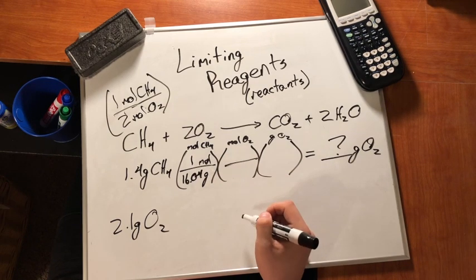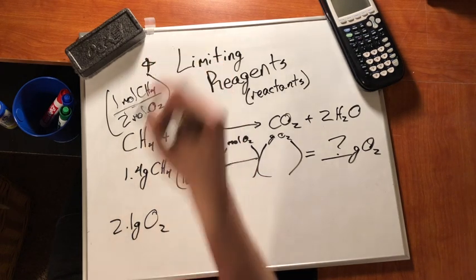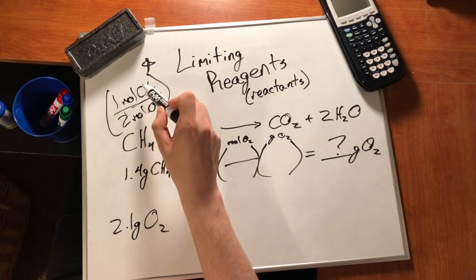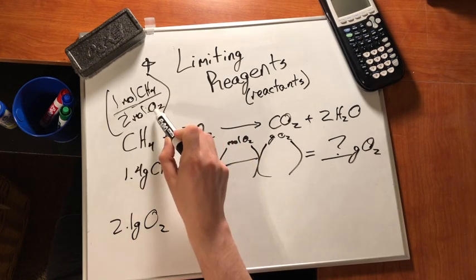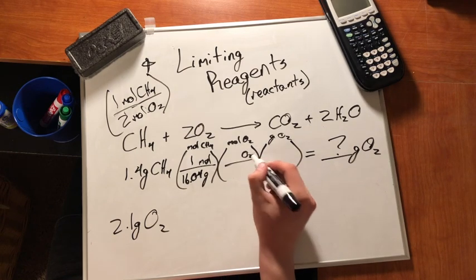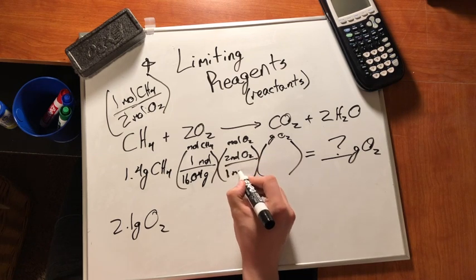Now, I want to convert to O2. That's where this conversion factor comes in. I know that for every mole of methane that I have, I'm going to have 2 moles of O2. I'm converting to O2, so I want that one on top: 2 moles of O2 for every mole of methane.